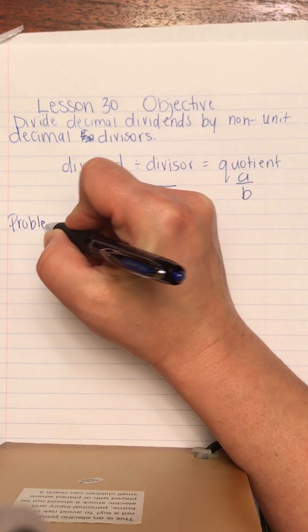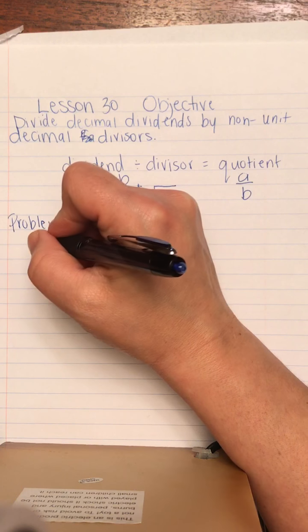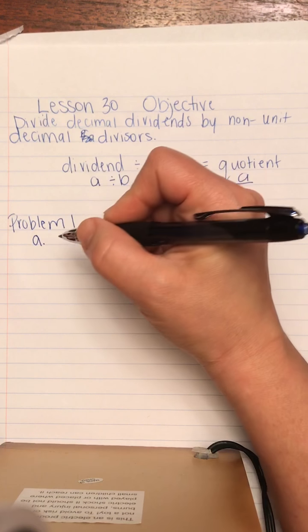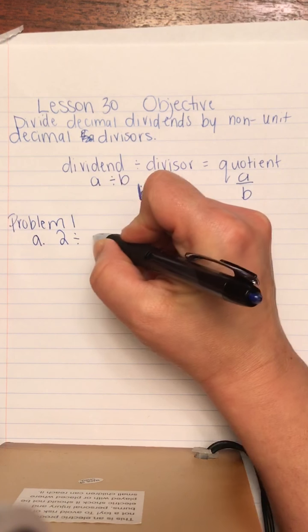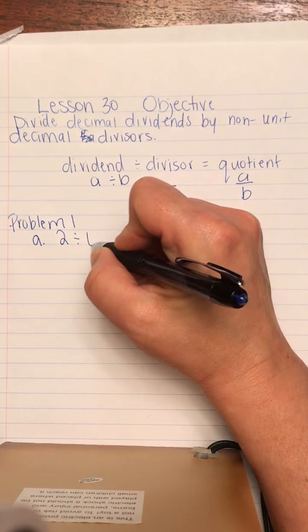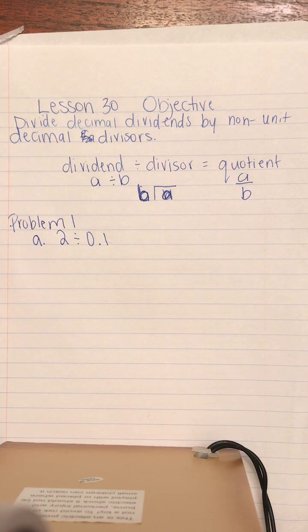We're going to start here with problem 1. And I'll label this letter A. And I have 2 divided by 0.01. All right.